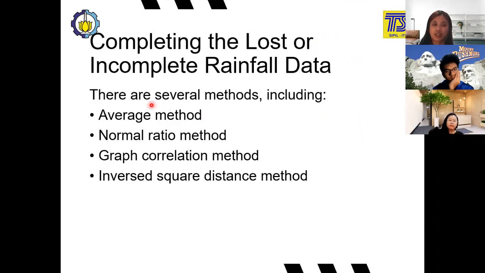Here, the mentioned methods are the average method, normal ratio method, graph correlation method, and inverse square distance method. We will talk about those methods today. And after that, we will also talk about how to calculate the average rainfall data.